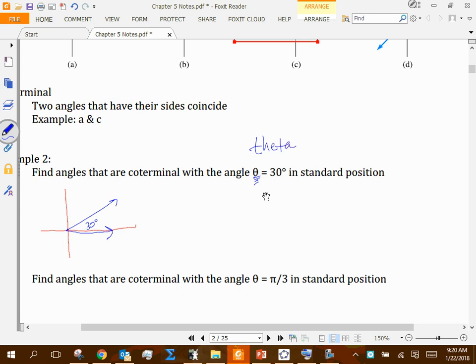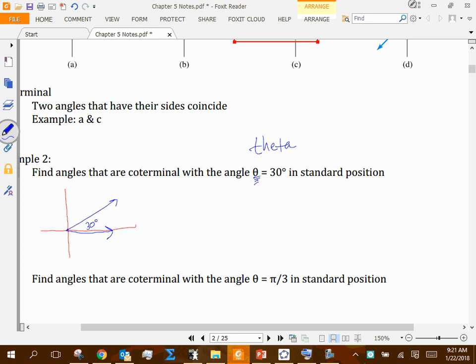Greek letter theta. It's just the variable that we use, kind of like in algebra, the standard variable is x, right? Well, in trig, the standard variable is theta. And a lot of times in regards to angle measurements, and when angles are variables, we use the Greek letters. So theta is the standard, traditional one we use.